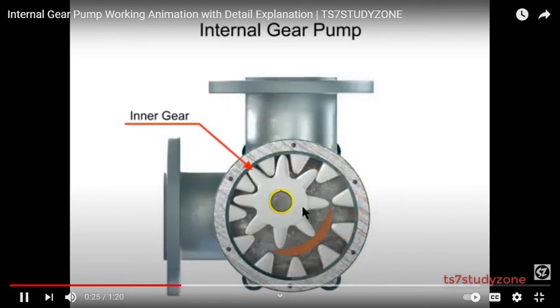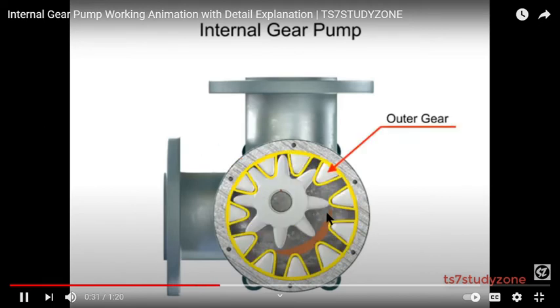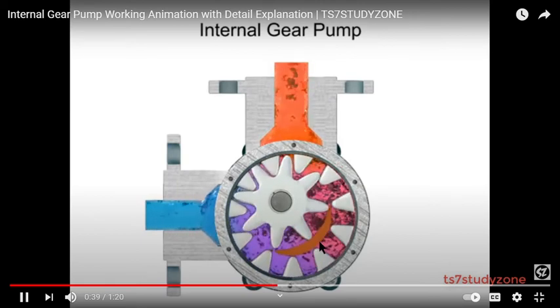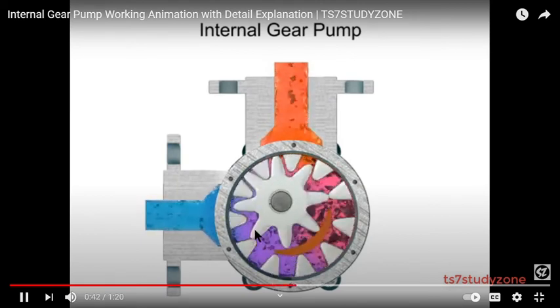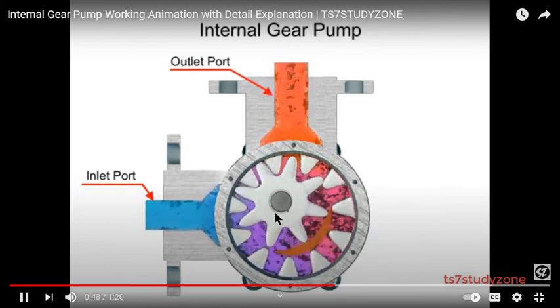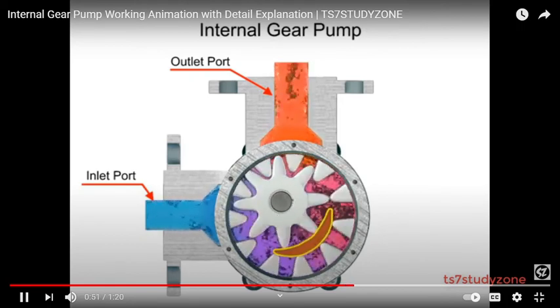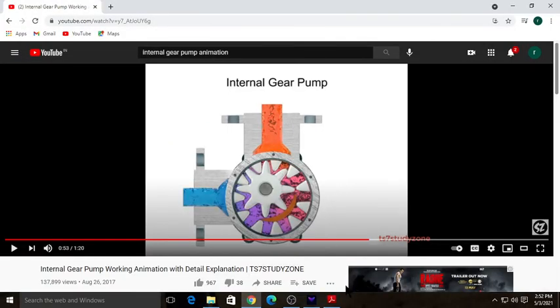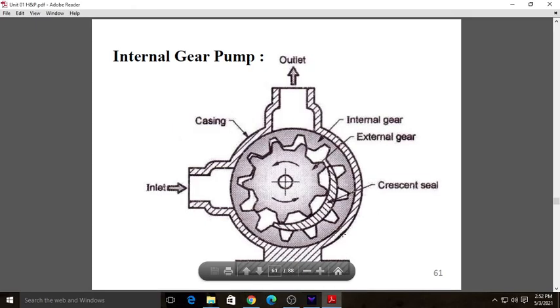Here again there are two gears, one inner gear and one external gear. This is the driver and the outer one is the driven one. Here the liquid gets trapped between the two gears, and at the outlet high speed, high pressure fluid is obtained. So this is the internal gear pump.